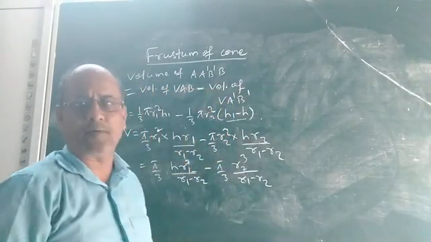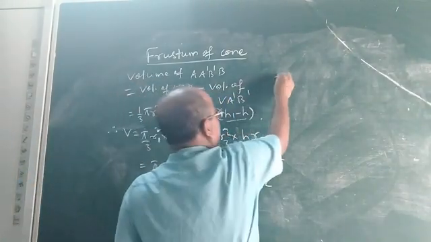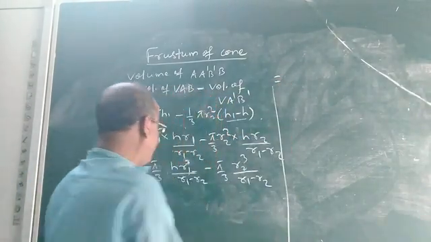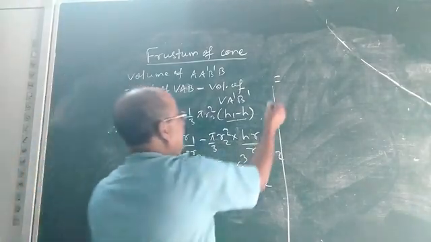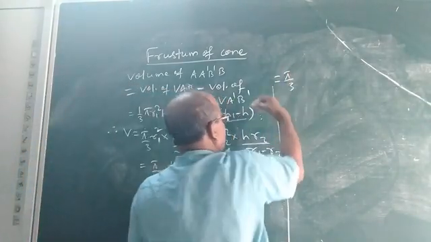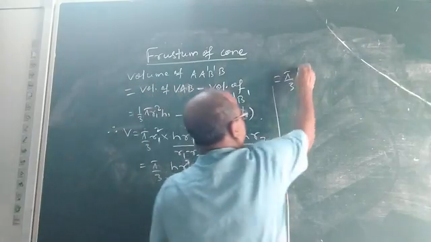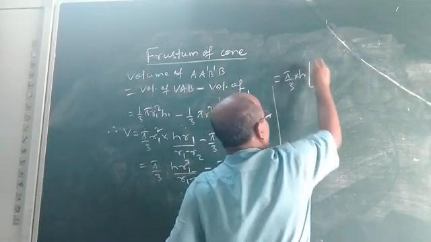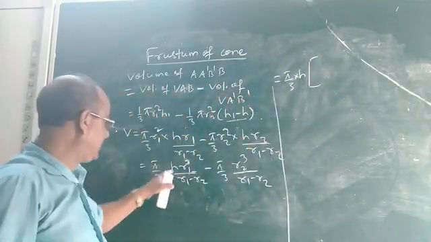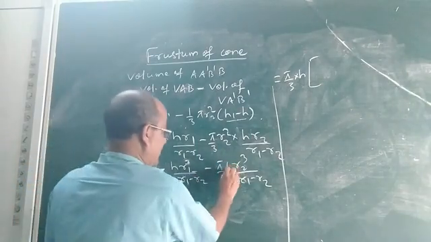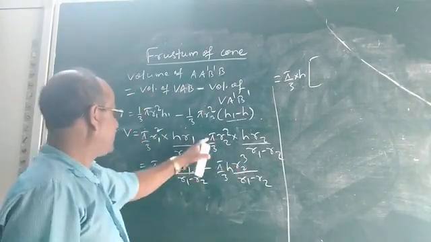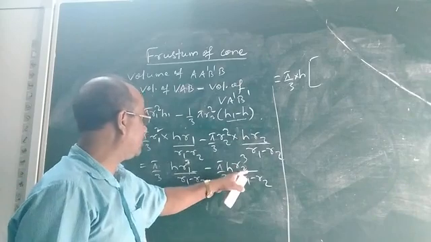What will be the volume of a frustum of a cone on simplification? Now if you simplify this expression further, see, take pi by 3 h common.